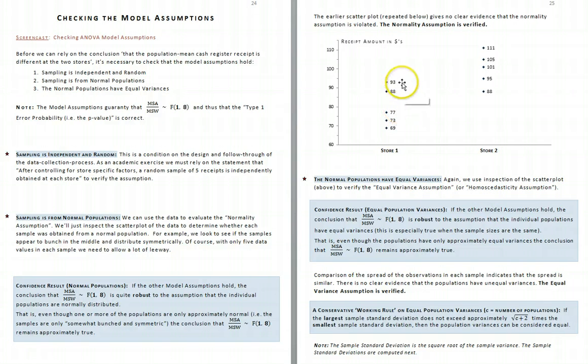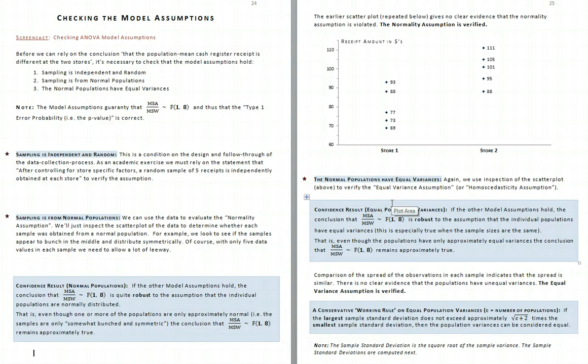If we computed the variance or standard deviation for this sample, would we get about the same value as if we computed the variance or standard deviation for this sample? I guess just looking at these pictures, we'd have to agree that, yeah, we probably get very close to the same answers.